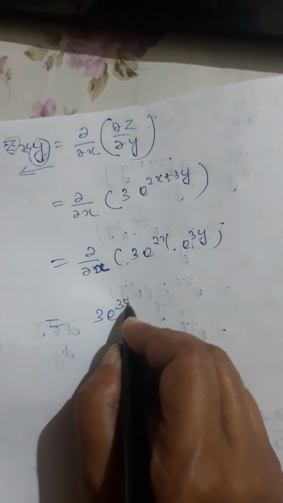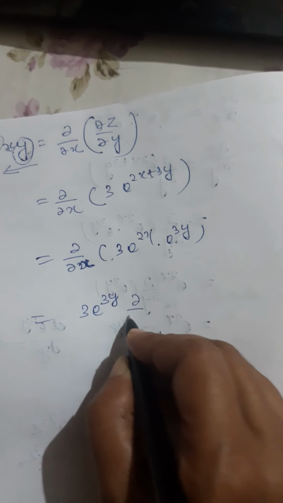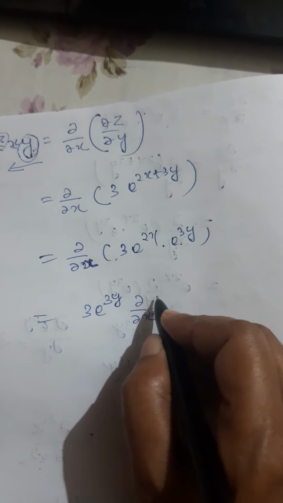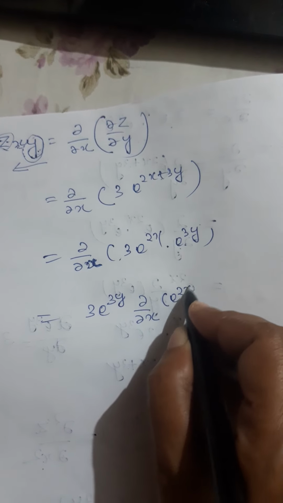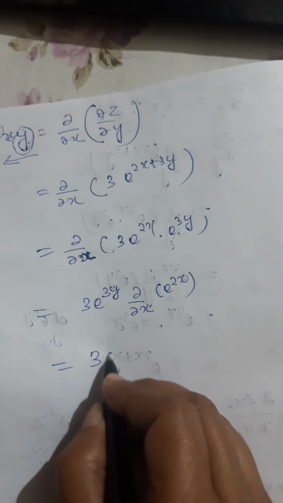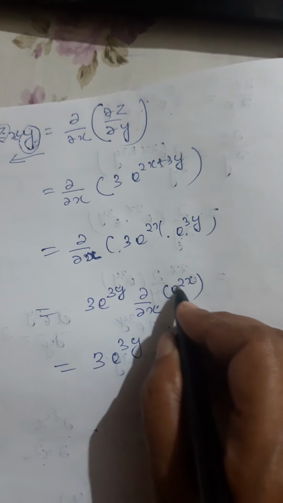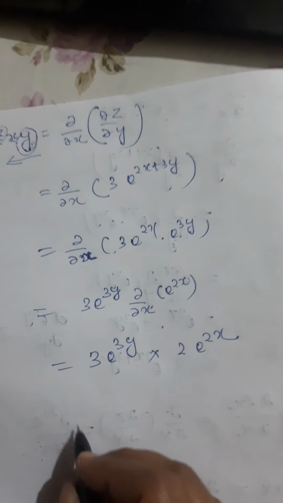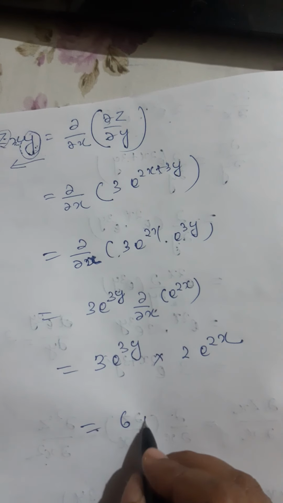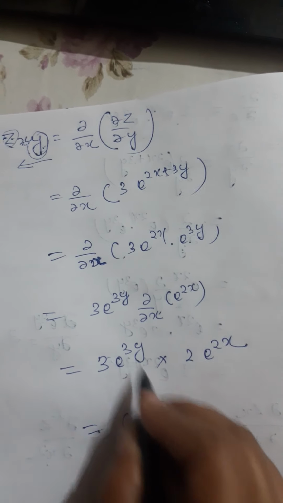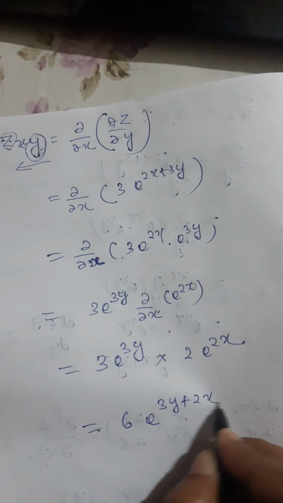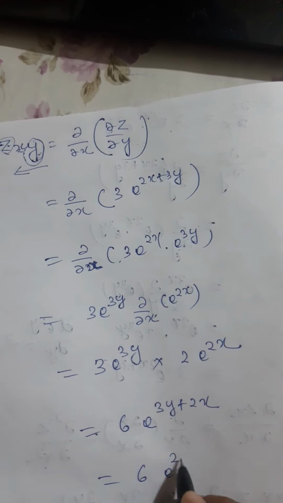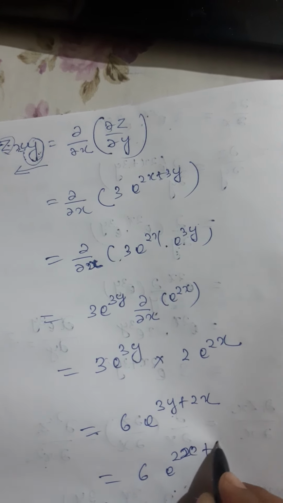So just take it out of the differentiation. So we have only to differentiate e to the power 2x, that is your 2 e to the power 2x. So finally we have 6 e to the power 3y plus 2x, or e to the power 2x plus 3y.